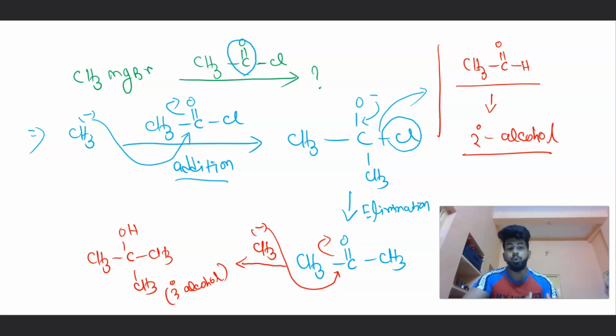So when we have ketone, we will get 3-degree alcohol, and when we have aldehyde, we will get 2-degree alcohol. Now if we have formaldehyde, that is HCHO, after addition of Grignard reagent, we will get 1-degree alcohol. Okay. So these are some of the applications of Grignard reagent.